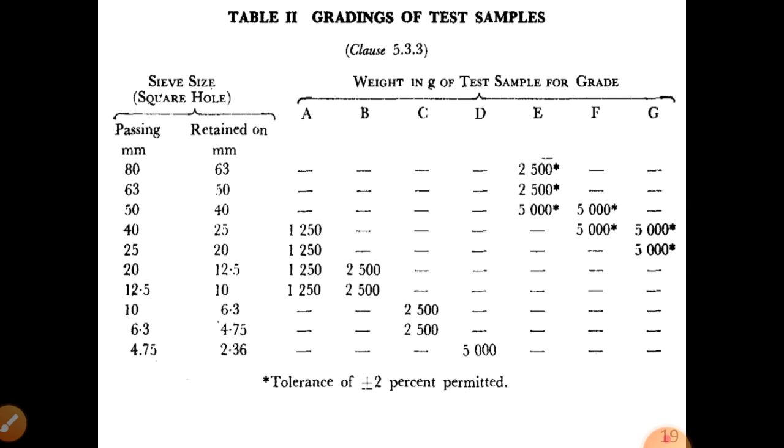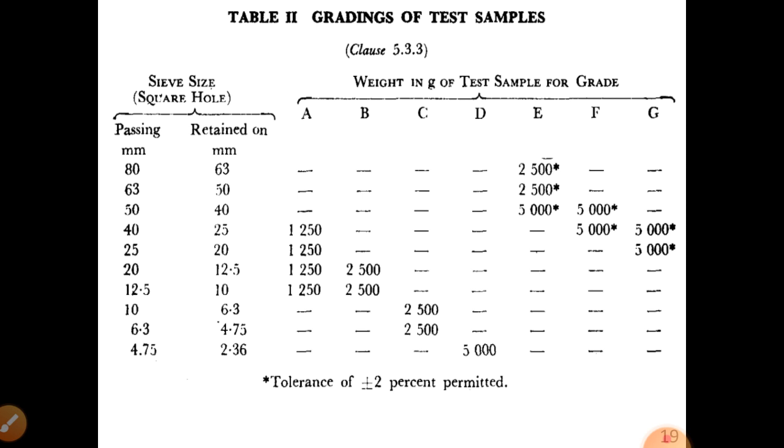So for grading A we use aggregates which are passed through 40 mm size sieve and retained on 25 mm size sieve, 1250 grams.